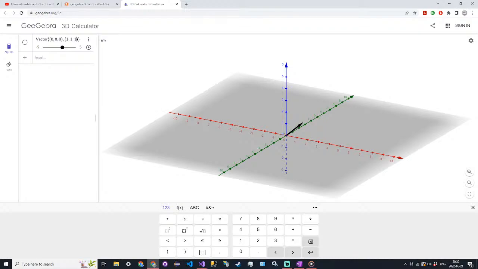That's our first vector. And then we also have another vector, and this one will also start at the origin, and it will go to -1, 2, 3, like so.